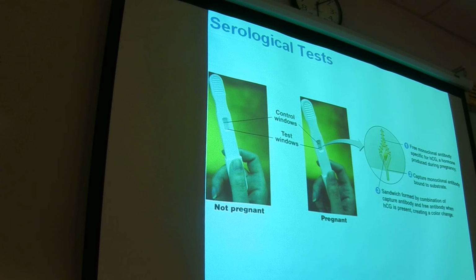If you have the hormone that indicates you're pregnant, it basically gets captured by the antibody. And then there's a second antibody that's mixed in here that gives you a colorimetric readout if your antigen did bind here. So that line that you see, whether it's 1 line or 2 lines, whatever it may be, is based on the colorimetric readout you get from the secondary antibody.